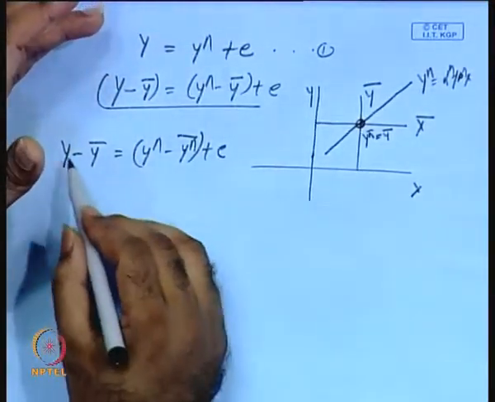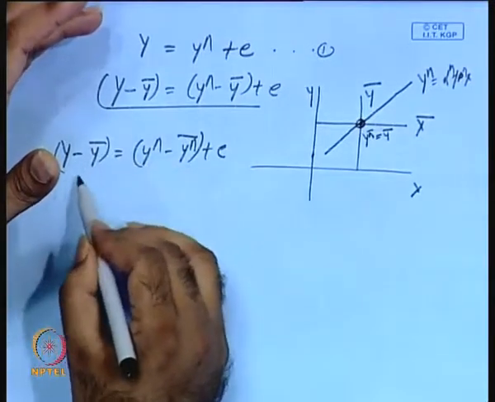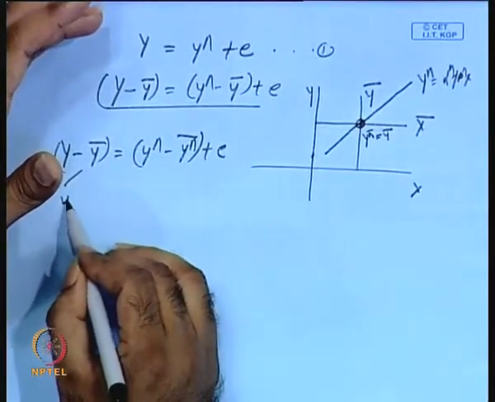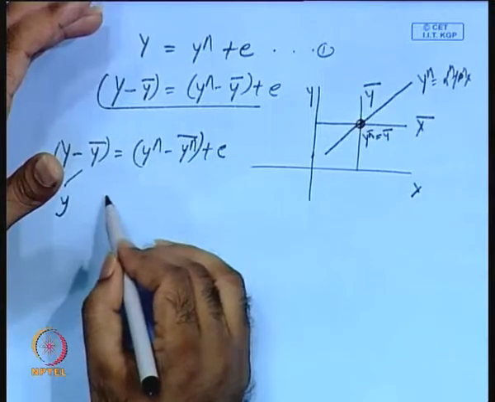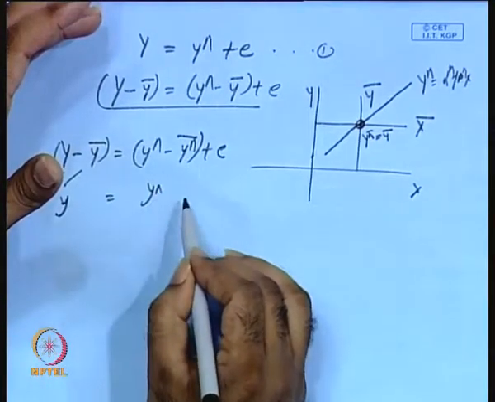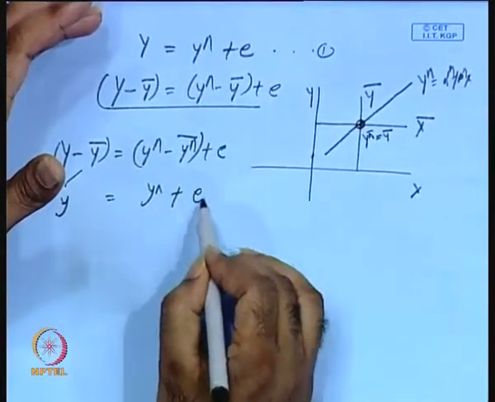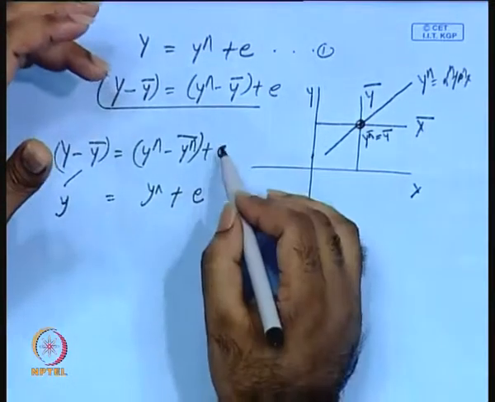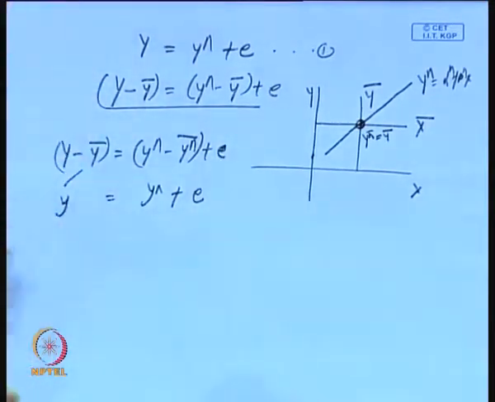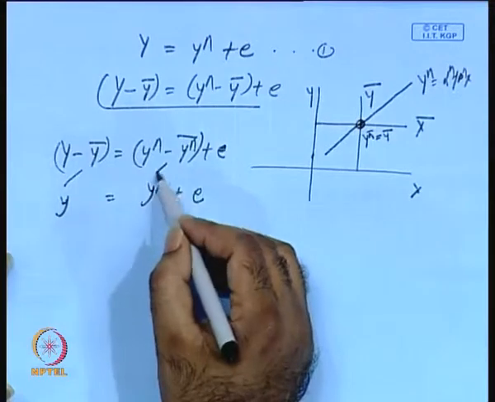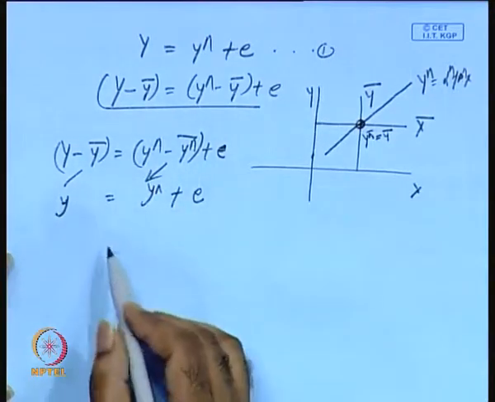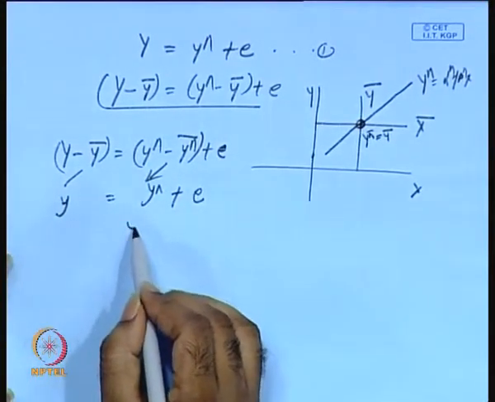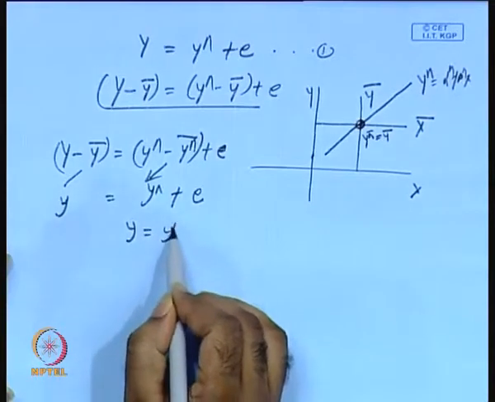Instead of writing this, we call this small y, in deviation format, and this is y hat in deviation format, and this is e, the error term as usual. So this is what we have derived. Putting it in a proper way, it is y equal to y hat plus e.